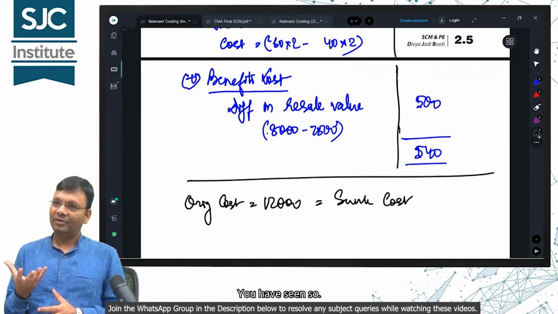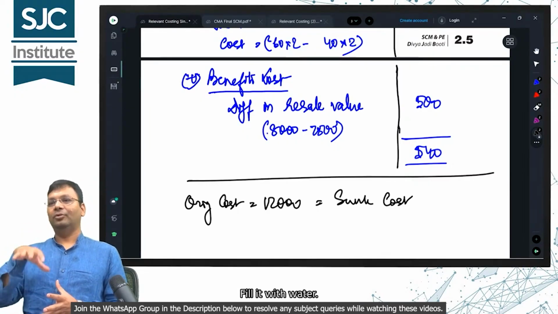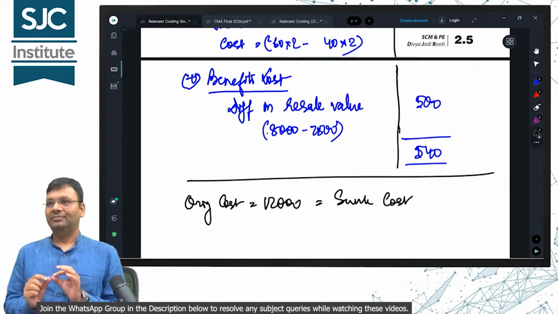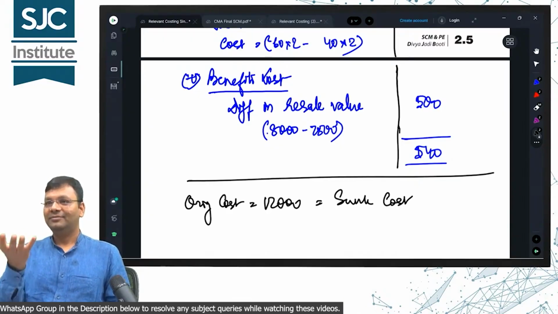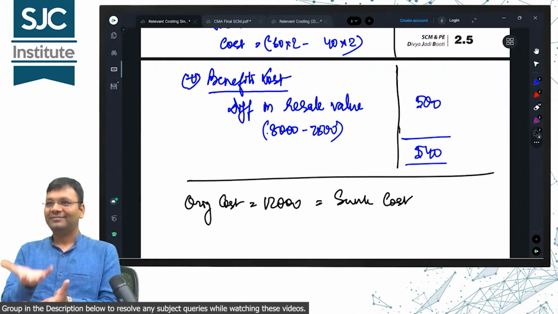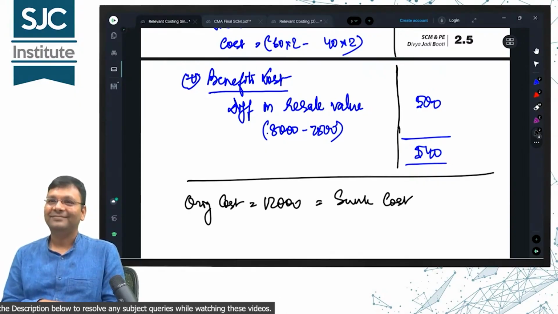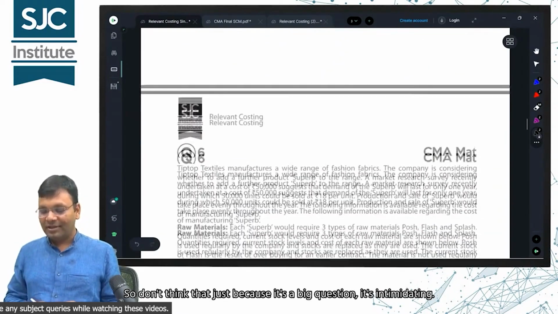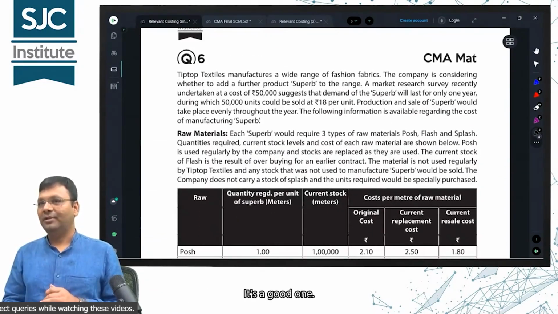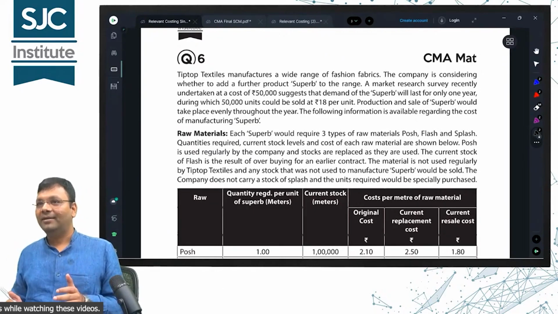You have seen, so fill it with water to the half and tighten it from the top. Play with it like this. You will feel that it is flabby. So there's nothing inside. It's soft. So don't think that just because it's a big question, it's intimidating. It's a good one. It's just big from outside.